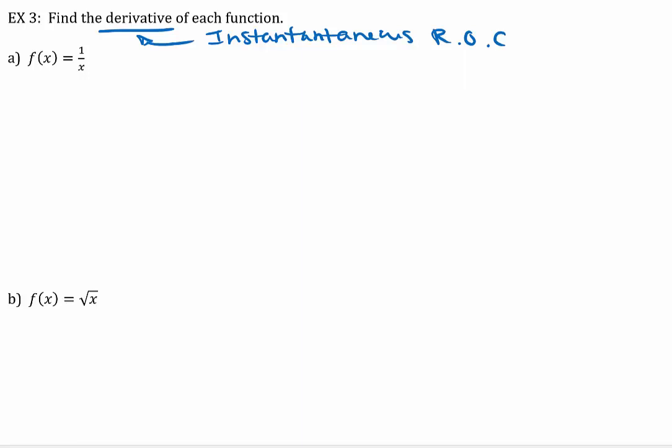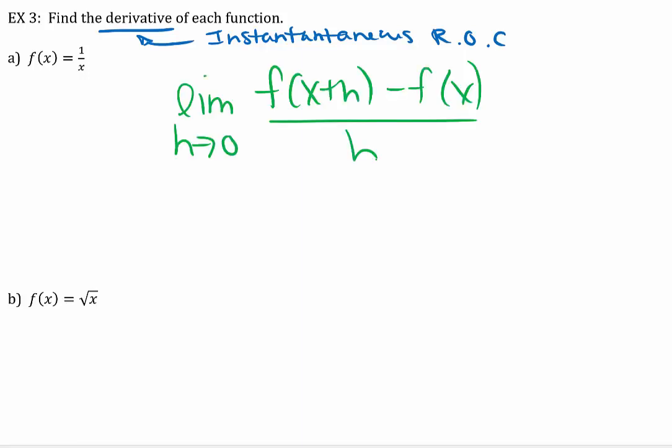But this time, instead of using that letter a or an x value, I'm just going to use the letter x. In other words, I'm thinking of my instantaneous rate of change formula as the limit as h goes to 0 of f of x plus h minus f of x all over h. So I don't have a's, I have x's.